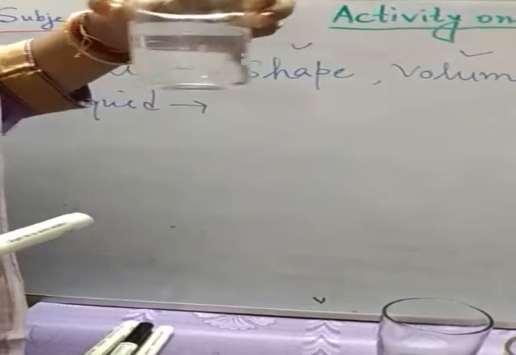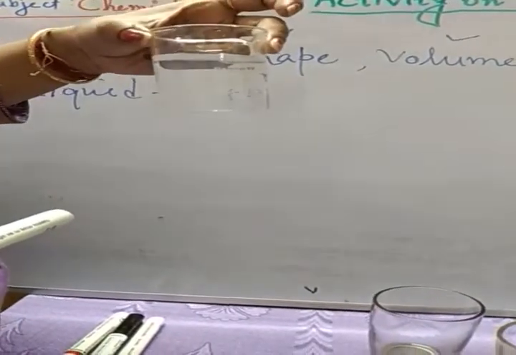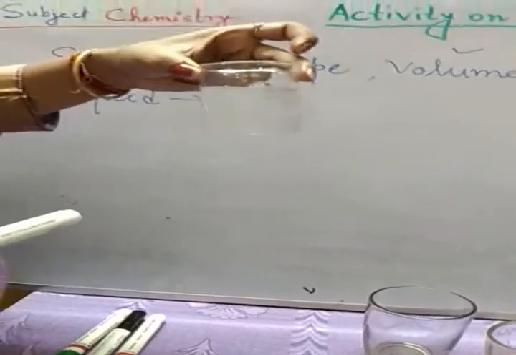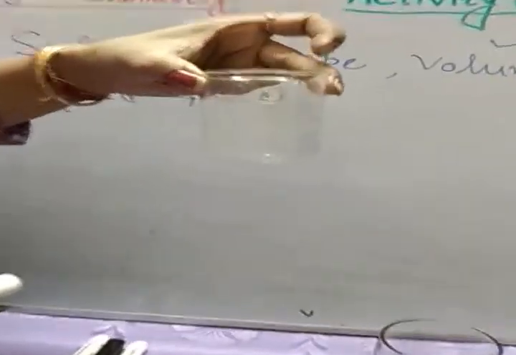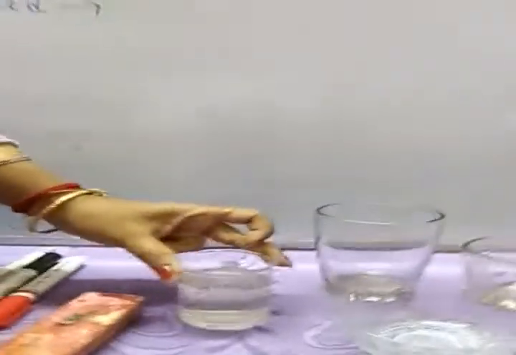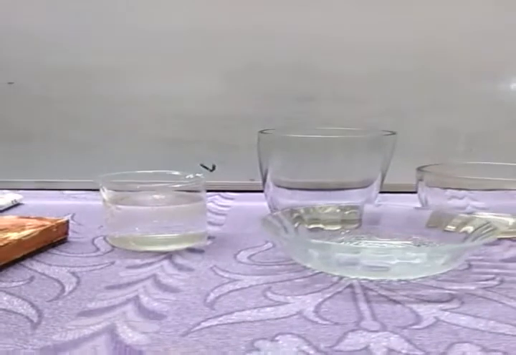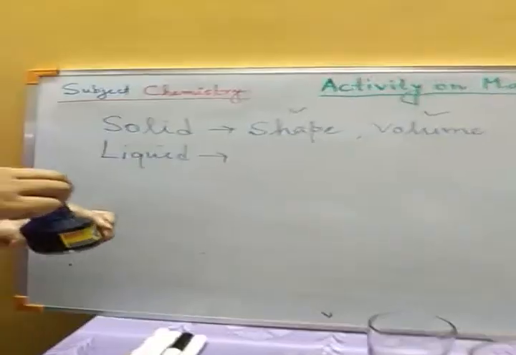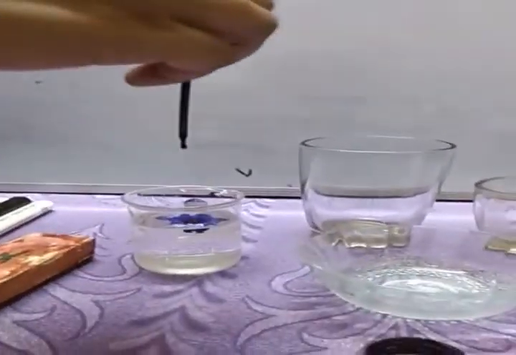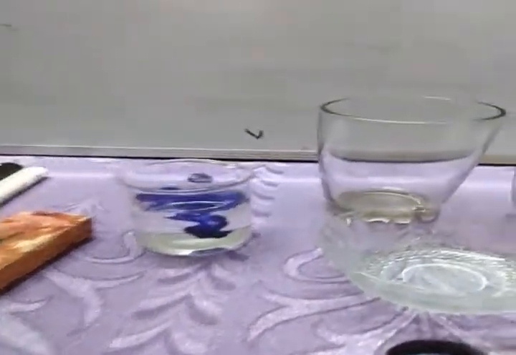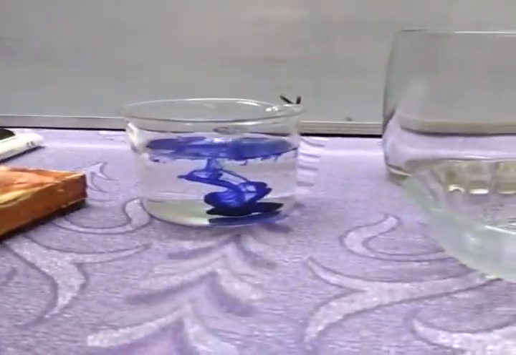Okay, so maybe you are getting some problem to see the water because of its colorless property. So let me add some ink in it, then it will be properly visible to you all. So let us add some ink in it. Now it will become colorful and easily visible.